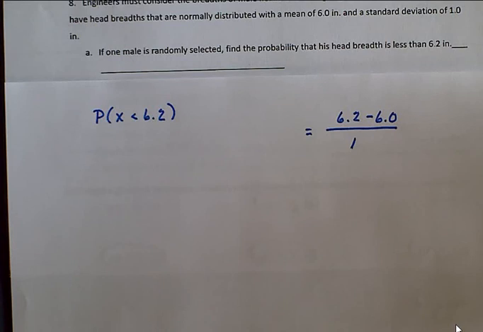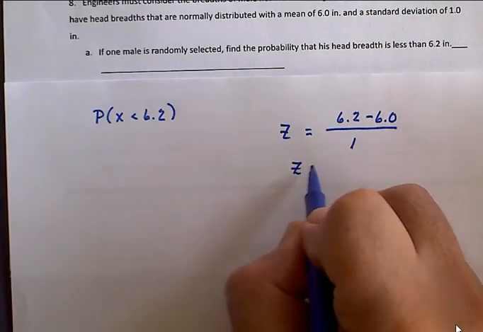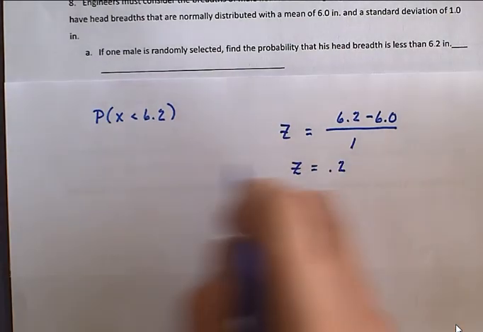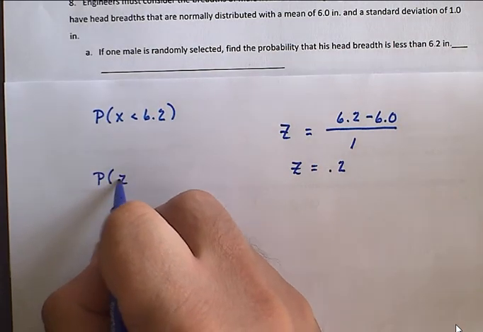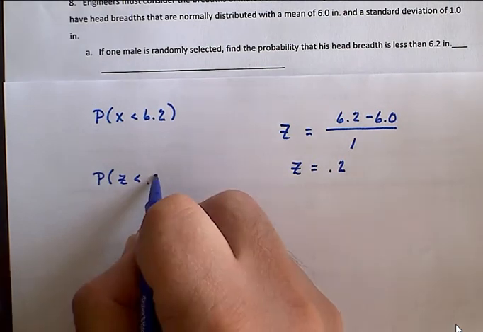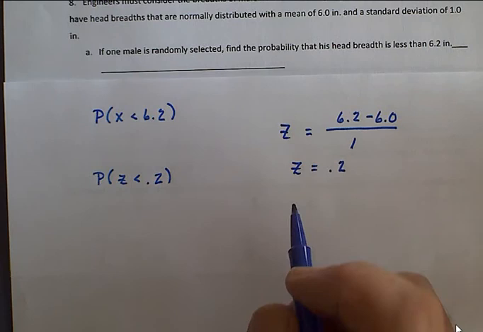We get a z-score of 0.2. So the probability that z is less than 0.2, going to the table, I get 0.5793.